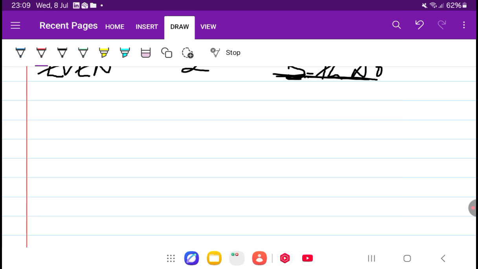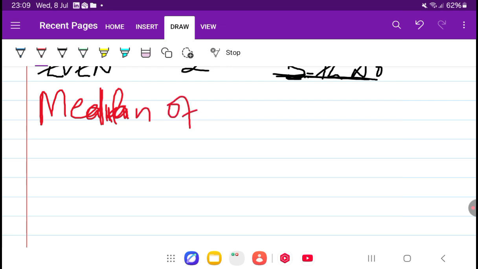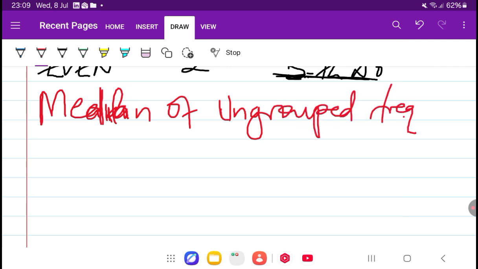So we want to get the median of ungrouped frequency distribution.